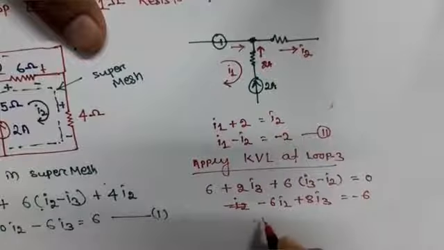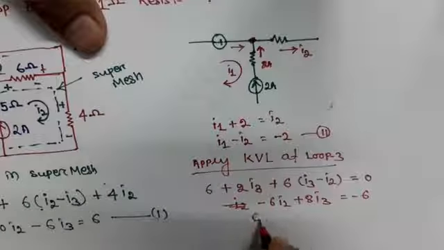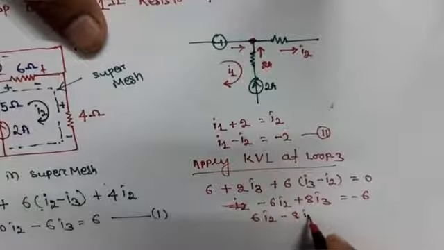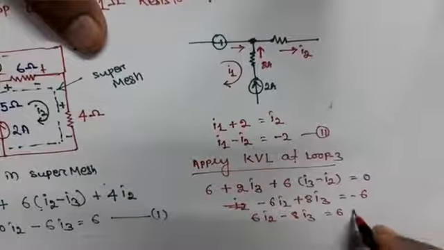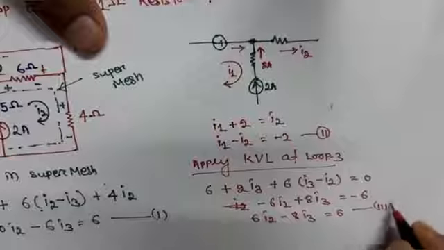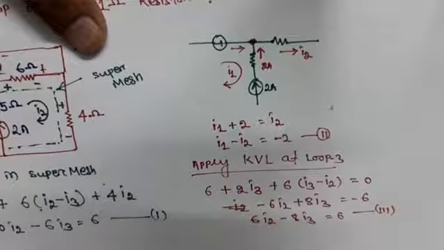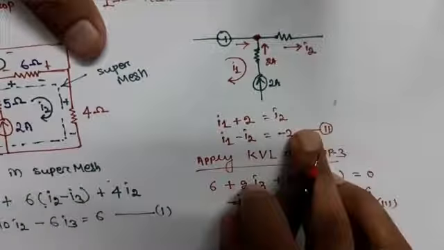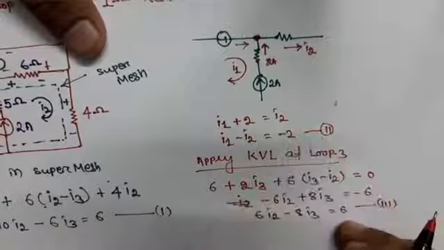If we take minus as common, then 6 I2 minus 8 I3 is equal to 6. This is our third equation. We find three equations, one from the supermesh, one from KCL, and another from loop 3.